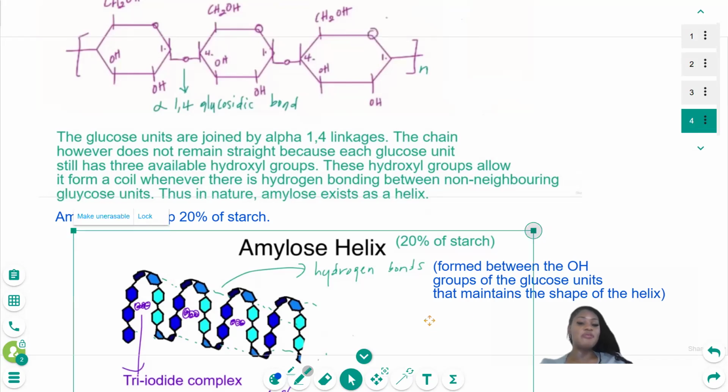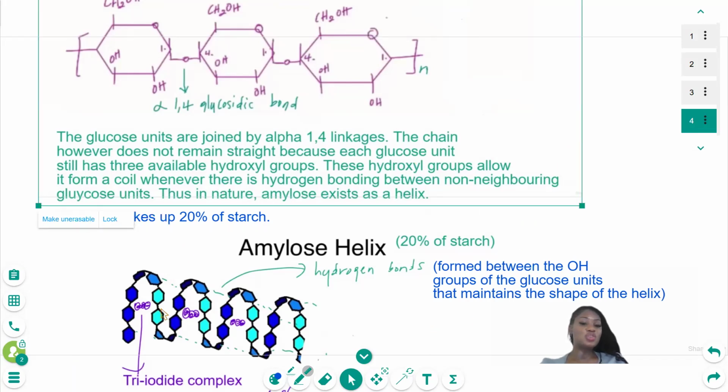So what we have found is that the OH groups, like for example, this OH group here can bond with another OH group on a glucose, and that glucose is like 6 or 8 molecules away from it. And that's what the dotted lines represent, hydrogen bonds between the OH groups on the glucose.